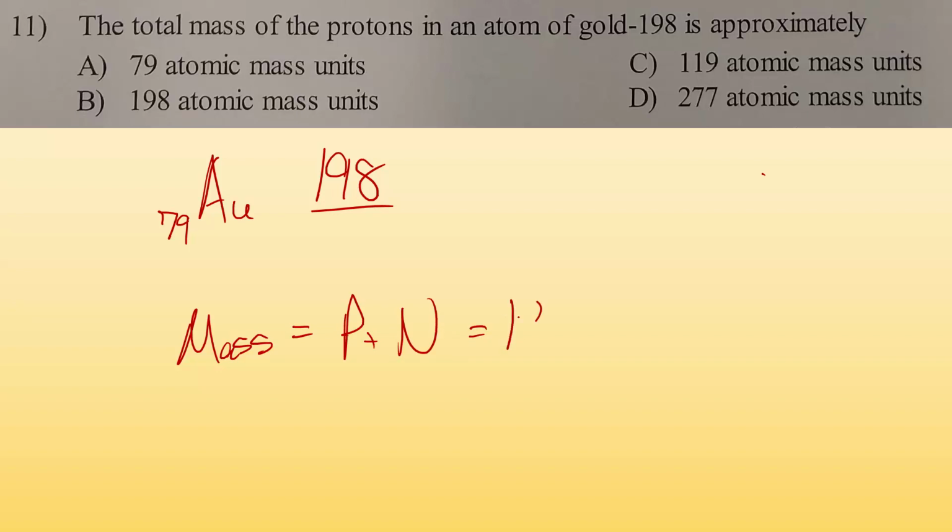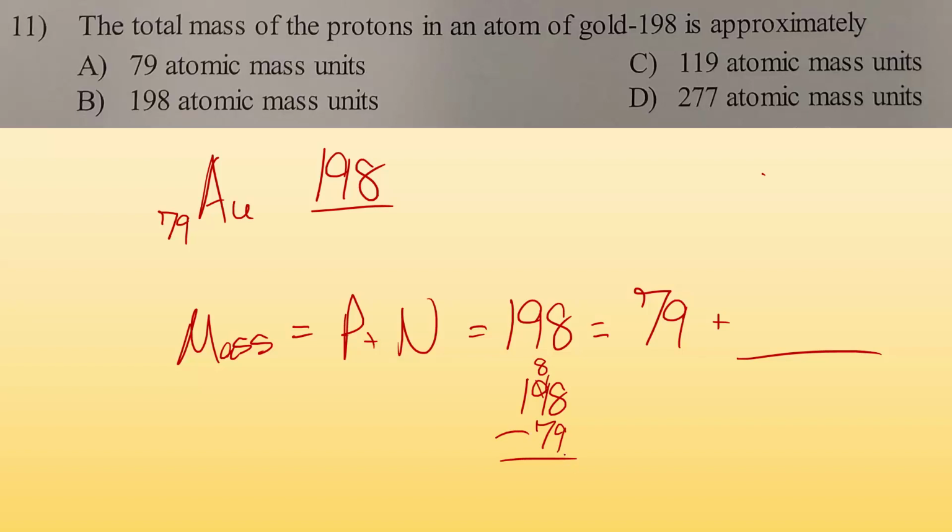And if the mass equals 198, it has to equal 79 protons, because that's the atomic number, and some number of neutrons. So let me do the math. 198 minus 79, and I'm going to have to do the long version. 18, that's 9. And there you go, 119 neutrons. So let's see. Total mass of the protons, I didn't even have to do that much. Look at that, it's just 79 atomic mass units.